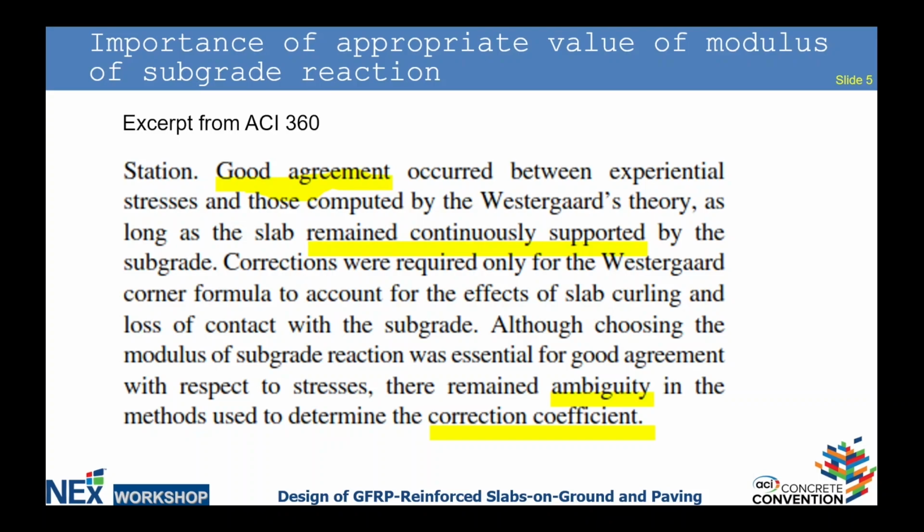So there's a good agreement as long as it remains continuously supported by the subgrade. In other words, it doesn't go into tension, right? But when it does go into tension, then that's where it becomes ambiguous. Ambiguity exists, and it is difficult to determine the correction coefficients for those cases. Okay.